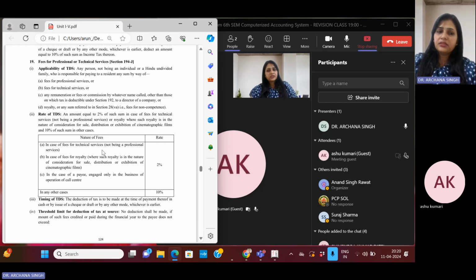So in case of fees for technical services not being professional service, 2% है. In case of royalty, जहाँ पे royalty is in the nature of consideration for sale or distribution or exhibition of cinematographic films, in that case also 2%. In case of payee engaged only in the business of operation of call center, then the rate is only 2%, and in any other cases it is 10%.